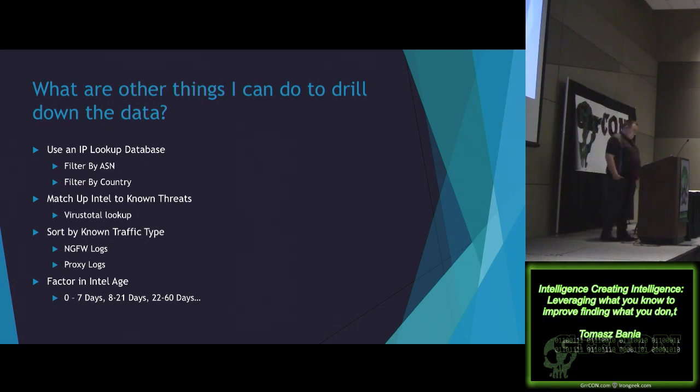The second thing I have listed here is matching up intel to known threats. So, not only taking that intel that you have there and looking at it against historical data in your organization, but also looking at what kind of threats were generated by that IP address, and then taking that into consideration when establishing the value of a given indicator.